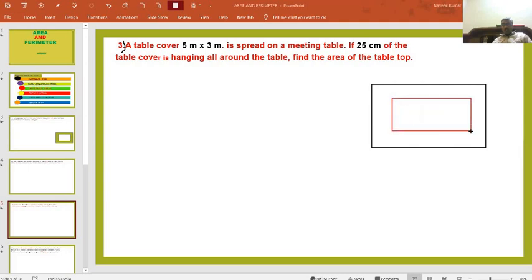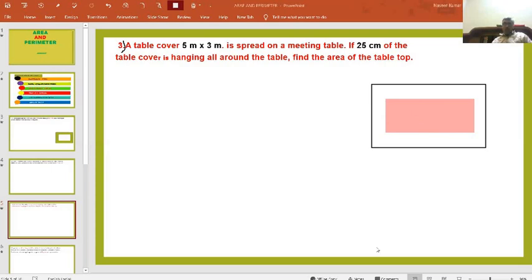Now we want to find out the area of the top of the table. That is this area, this whole area we want to find out. Here we want to find out the area of the red portion.